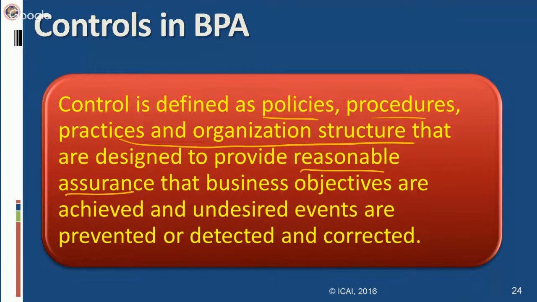They do not give 100% assurance, but still they provide reasonable assurance that business objectives are achieved and undesired events are protected, detected, or corrected. So the very first objective would be to prevent. If at all the attack still occurs, then we should be able to detect it. And once detected, we have to have remedial actions so that the correction can be done immediately.